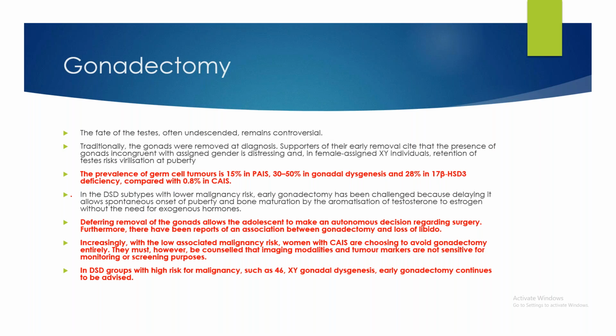This malignancy chance is 15% in partial androgen insensitivity syndrome, 30 to 50% in gonadal dysgenesis, and 28% in 17 beta hydroxysteroid dehydrogenase deficiency. While in complete androgen insensitivity syndrome, the malignancy chance of germ cell tumor is only 0.8%.